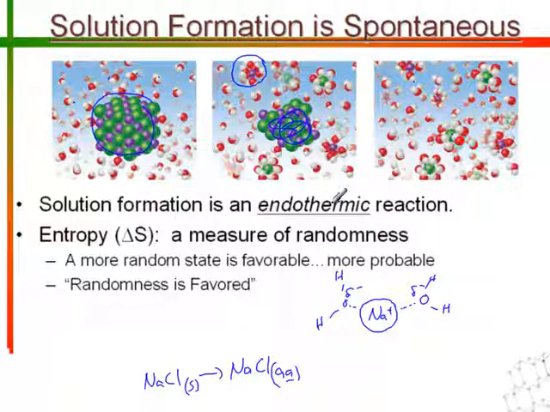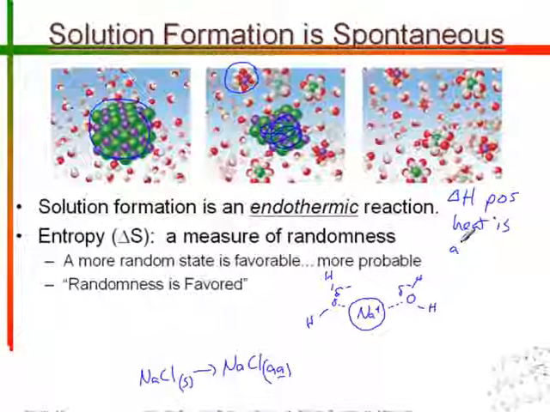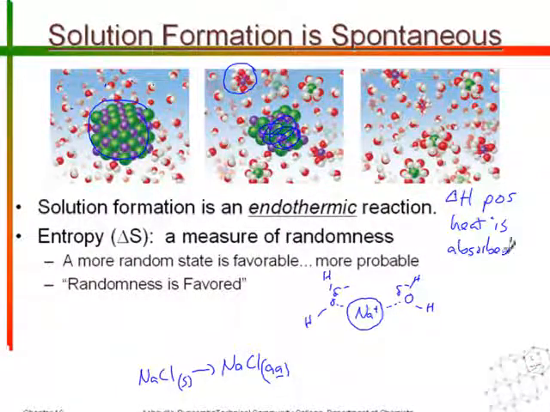And it's definitely an endothermic process. If I place a thermometer in your average salt being dissolved in a solution, you're going to see a decrease in the temperature. That's an indication of an endothermic reaction. Let me get some of the notations up here. This is a positive value, and heat is absorbed by the reaction.